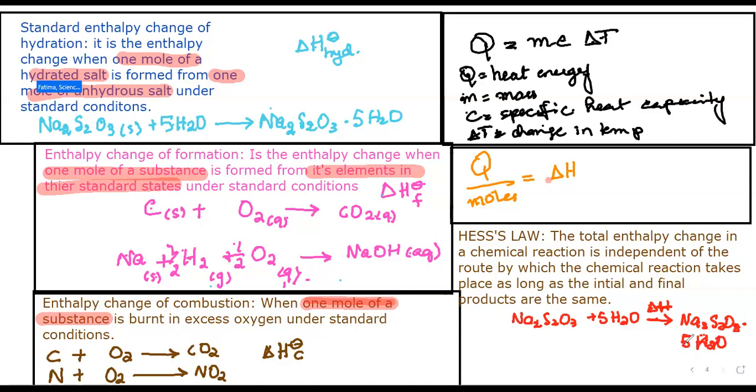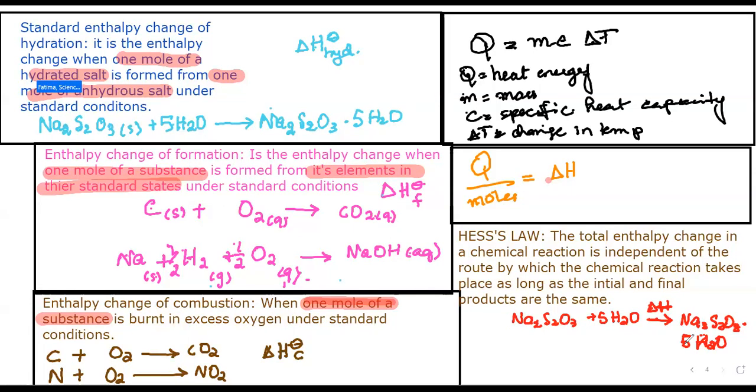So I cannot do the direct measurement of this reaction. I can't directly take my sodium thiosulfate and add it in water and get my crystal, right? I cannot do this directly. So instead, I can perform two reactions. What if I don't know how much water to add in the solution? I don't know how much water I have to add to turn it from an anhydrous salt to a hydrated salt, right?